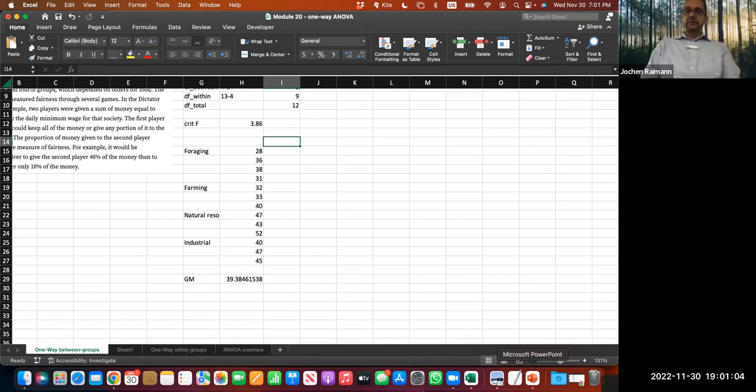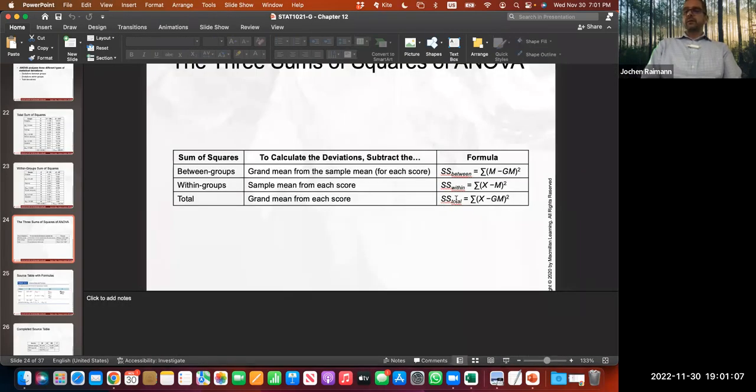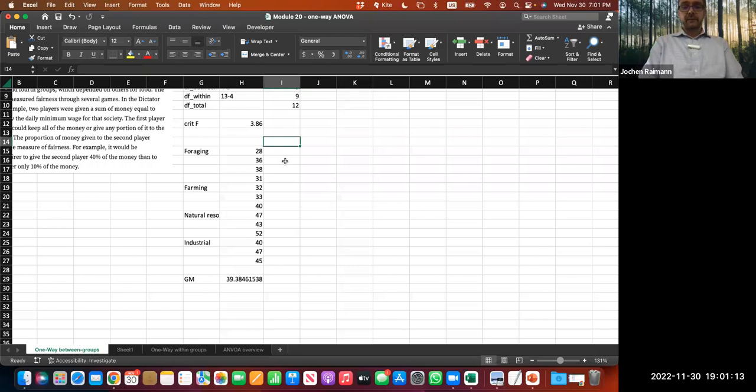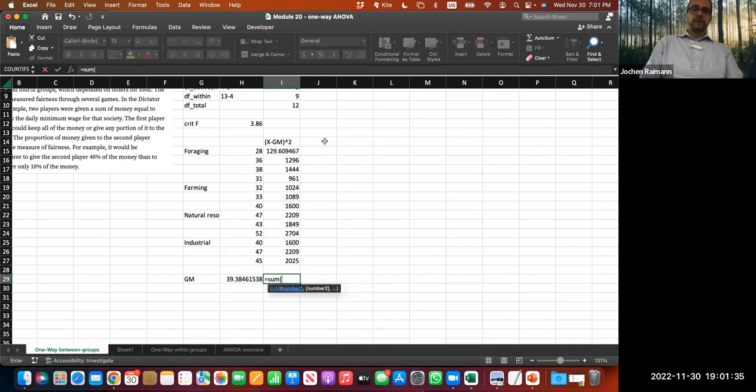That's our sum of squares total. And that's quite simply done by x minus grand mean squared. That's basically this individual x minus the grand mean squared, and basically continuing this calculation all the way down and then summing it up.